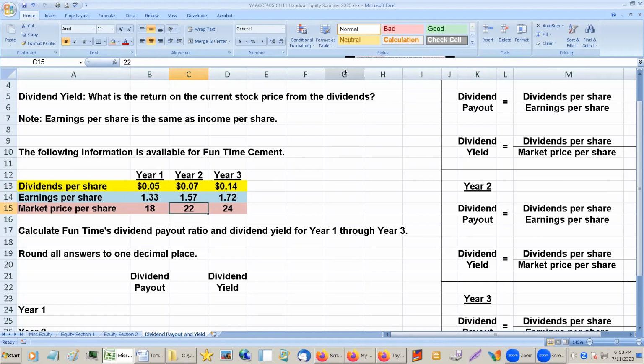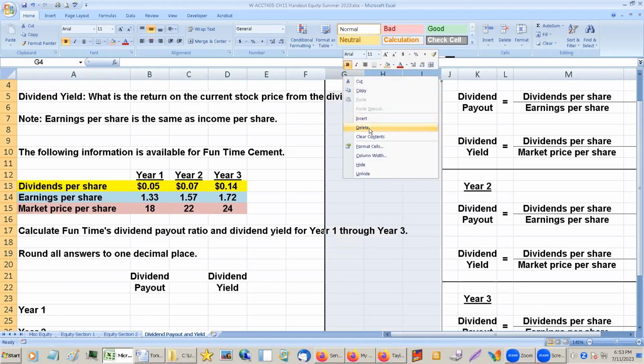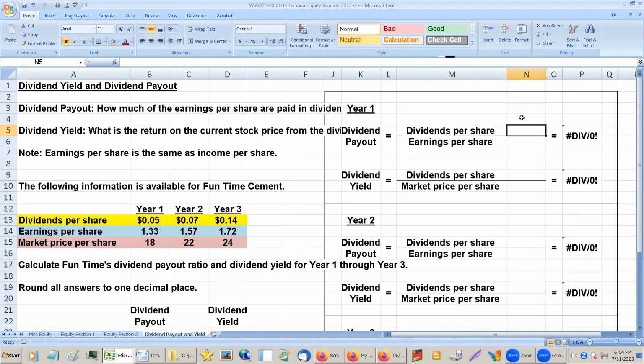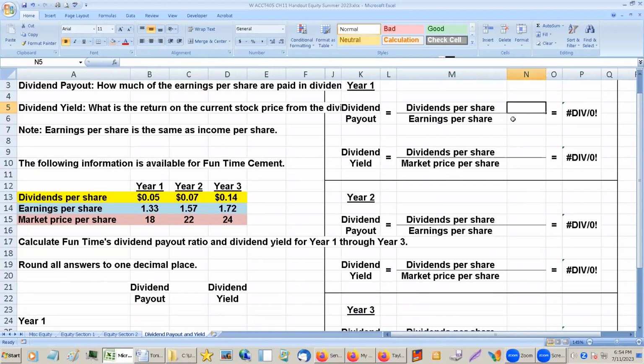Okay. Conserve a little space here. One of the things that we always try to do is ask, what is the payout for dividends per share? So what is this, year one? Okay, well, whatever.